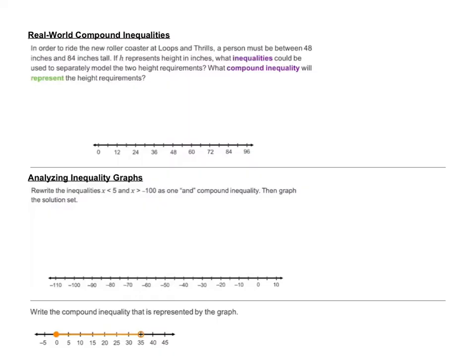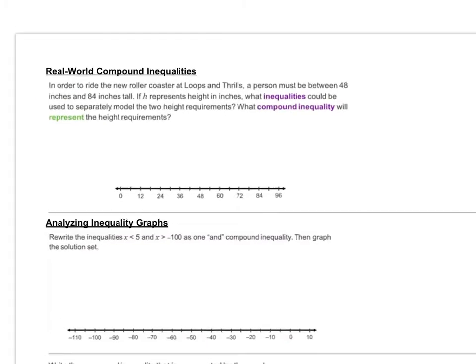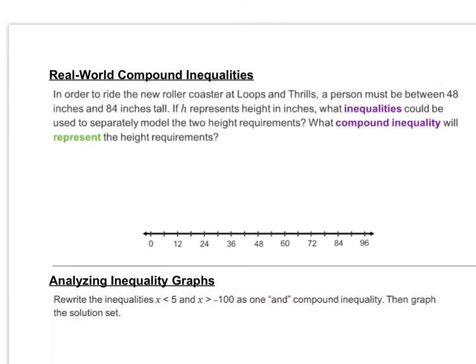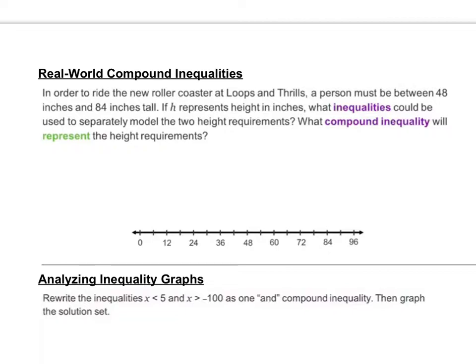Okay? So let's take a look at a real-world example where we use compound inequalities. You have this scenario where it says, in order to ride a new roller coaster at Loops and Thrills, which sounds like the most incredible amusement park, a person must be between 48 inches and 84 inches tall.